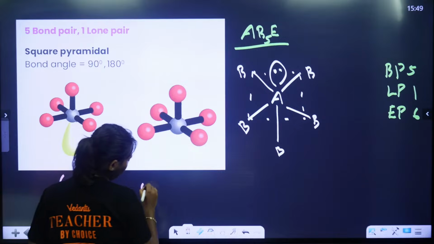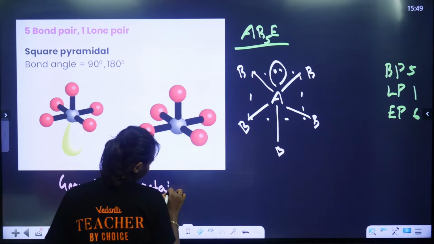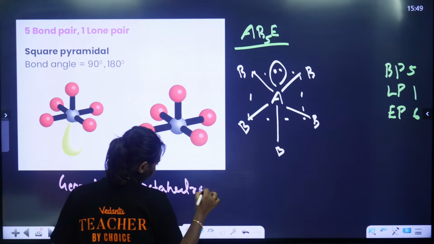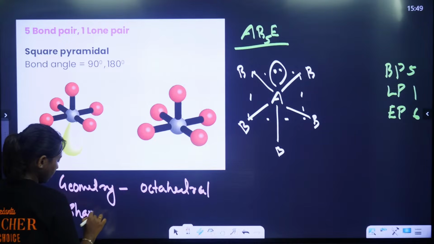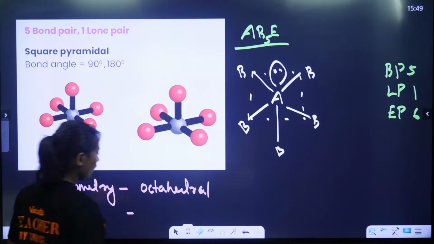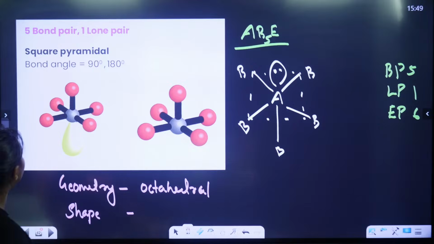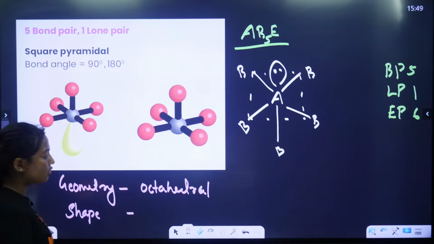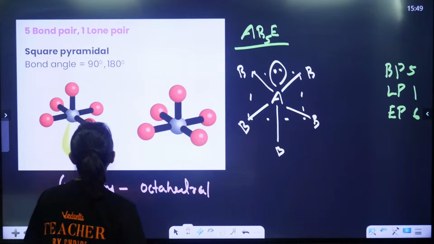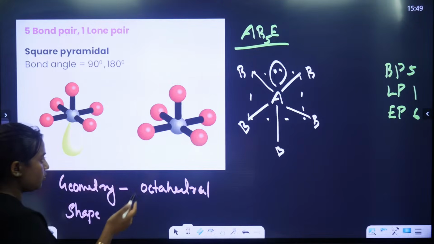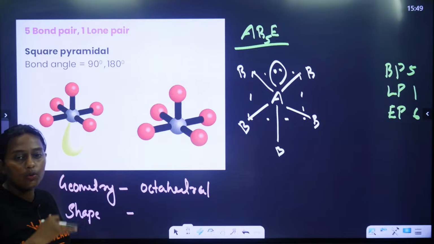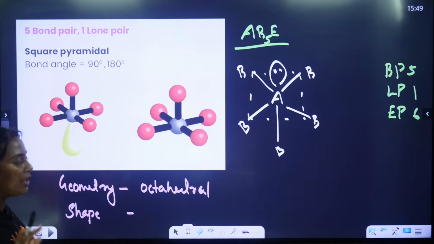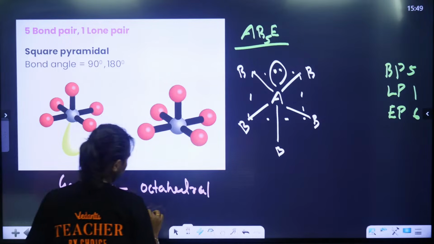What is the shape? If you ignore that lone pair, you will get a square pyramid. So square pyramidal.